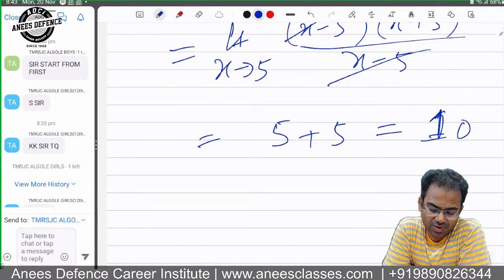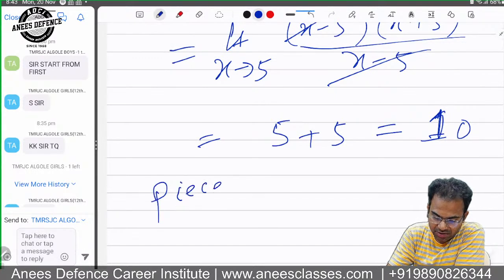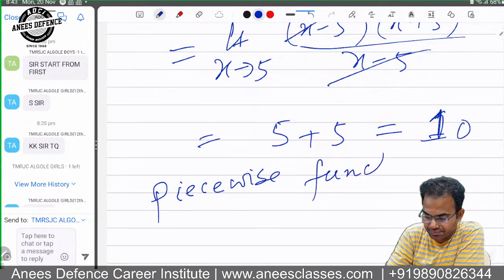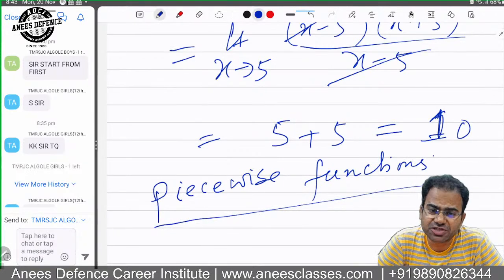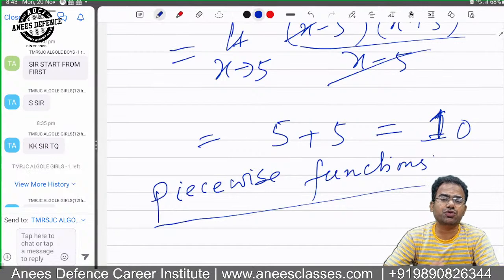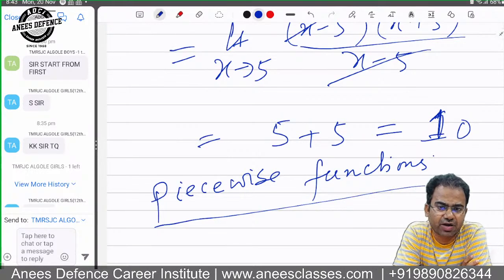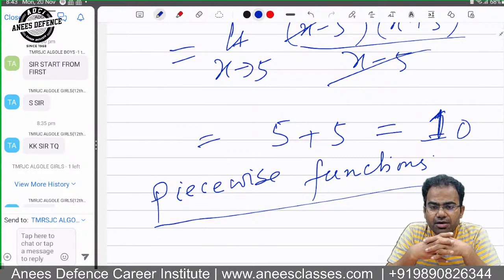But suppose you have a piecewise function. For piecewise functions, you have to check the limits. That means you should not directly find the limit by the limit process you learned for finding limits.